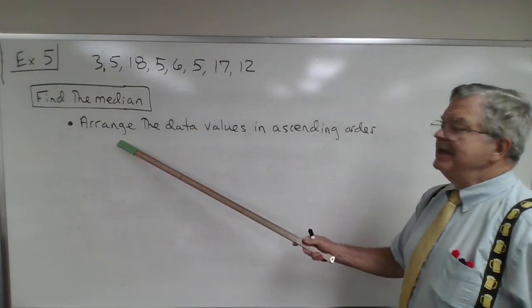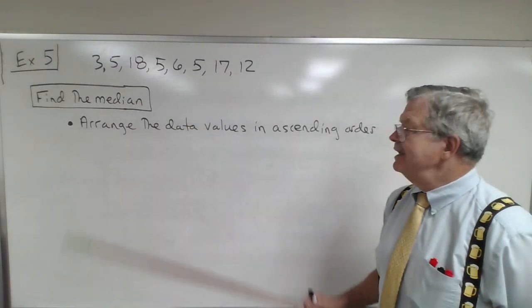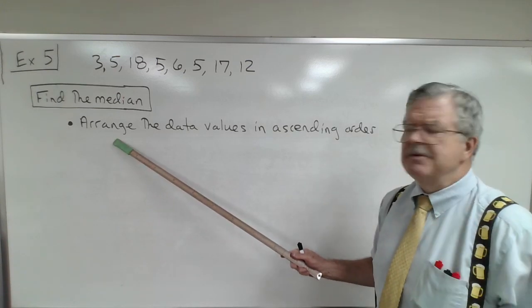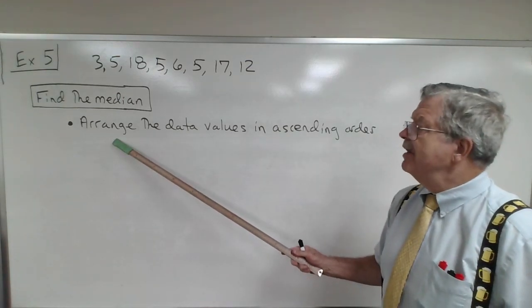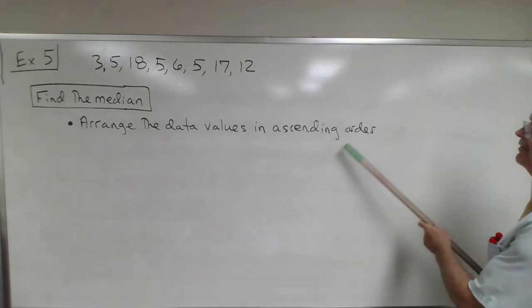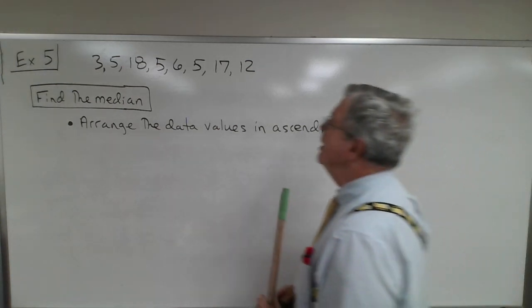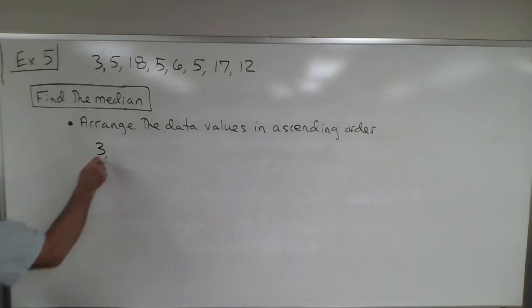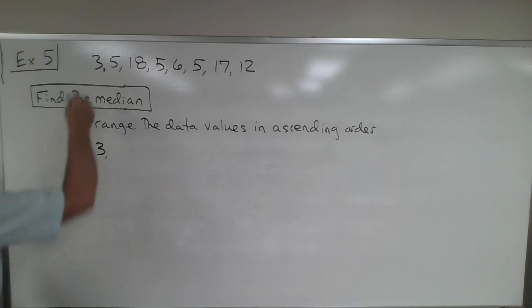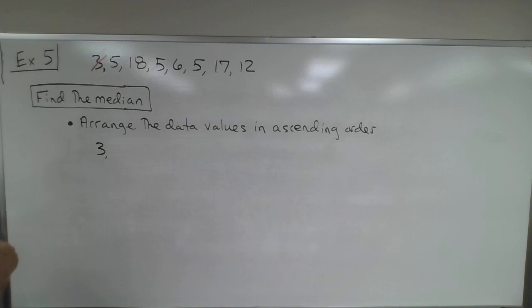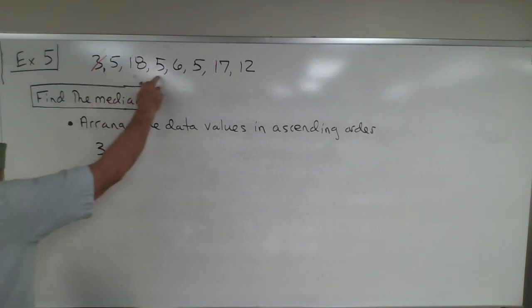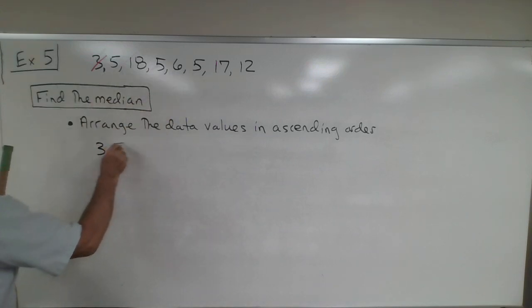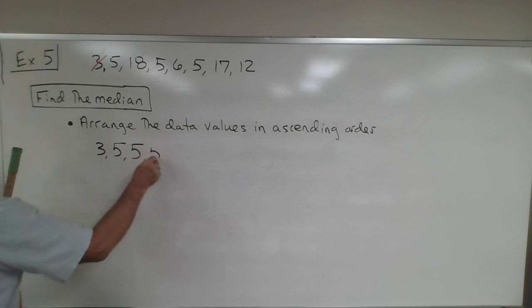Next, find the median. And if we're looking for the median, the first thing we do, and we have to do this for the median, is arrange the data values in ascending order. So the smallest data value is 3, and I'll cross that off the list. The next smallest data value is 5, and we've got 3 of them: 5, 5, 5.